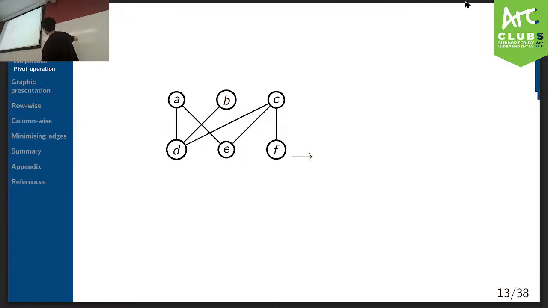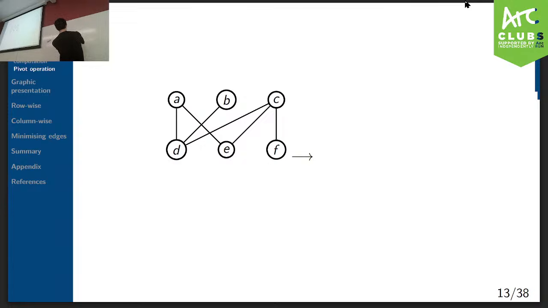The neighbors of A is E, right? The neighbors of B is D and C. Okay, sounds good.